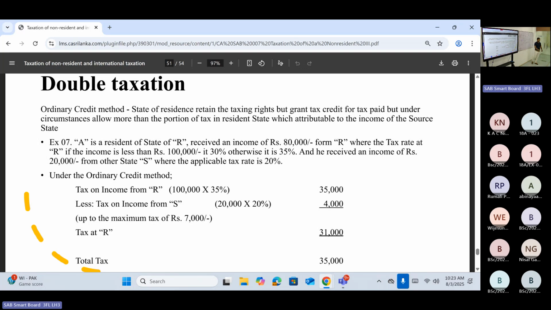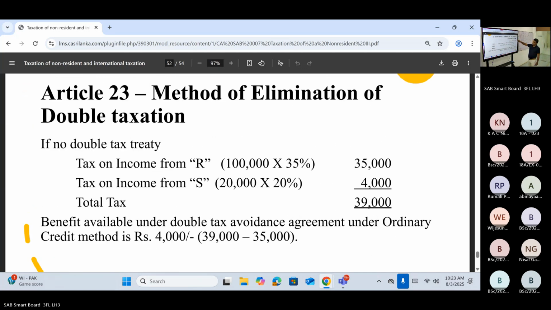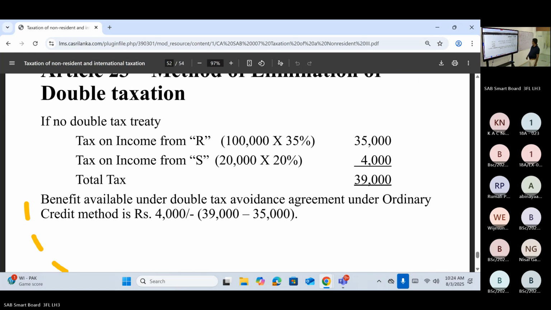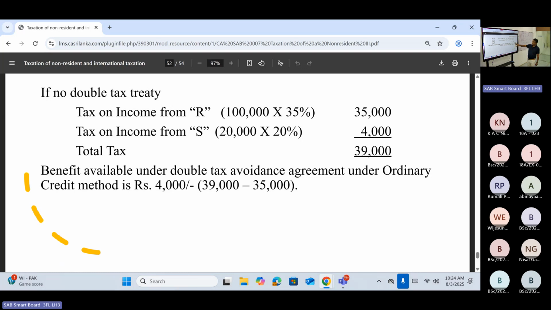So if no DTA is available, that 39,000 is still there.